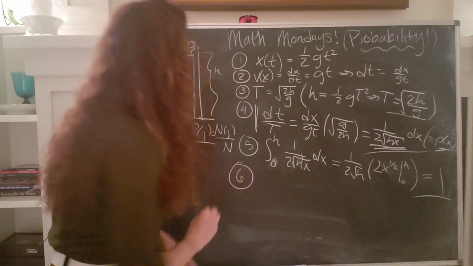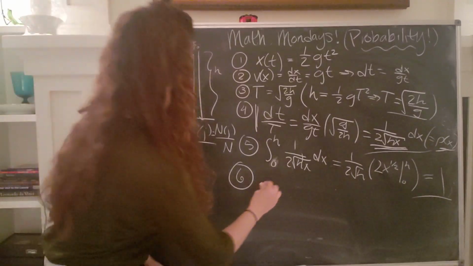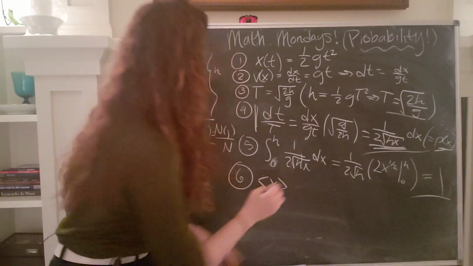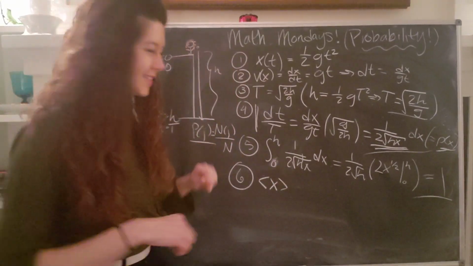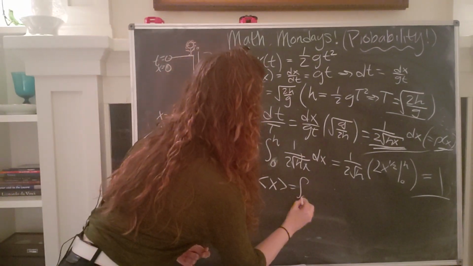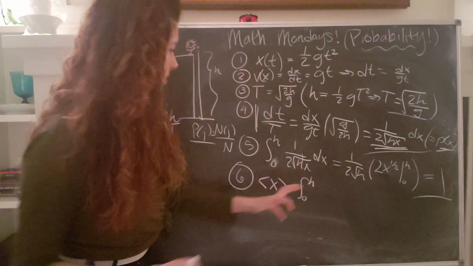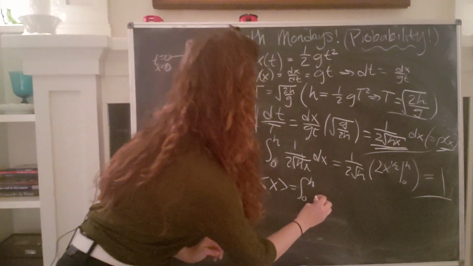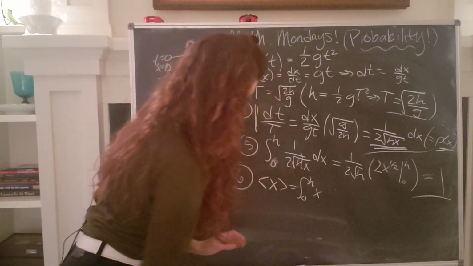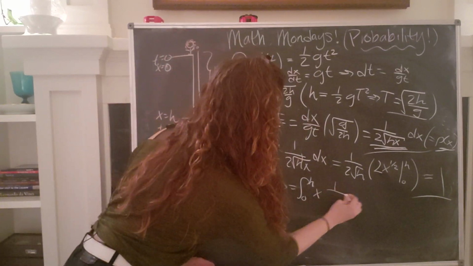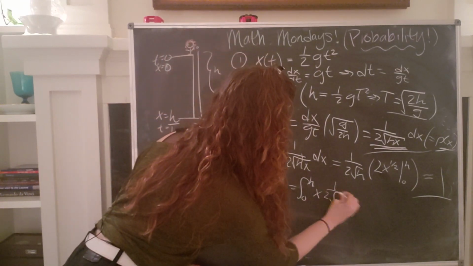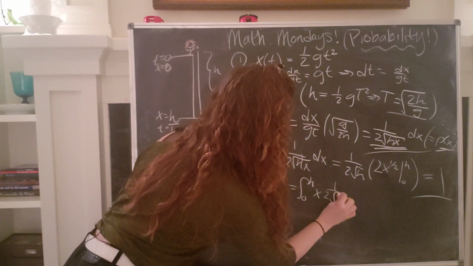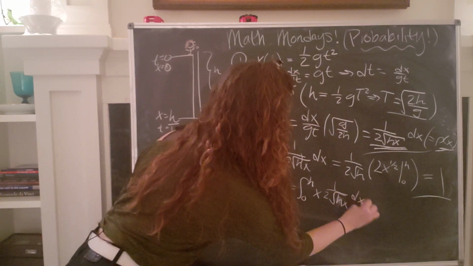Okay, so lastly, now we need to find the average value of the height. So that is represented by bracket x, or x with little wings, and that equals the integral from 0 to h, because we want to find the average over the total distance that our penny traveled, of x times 1 over 2 root h, oh my goodness, hx dx.